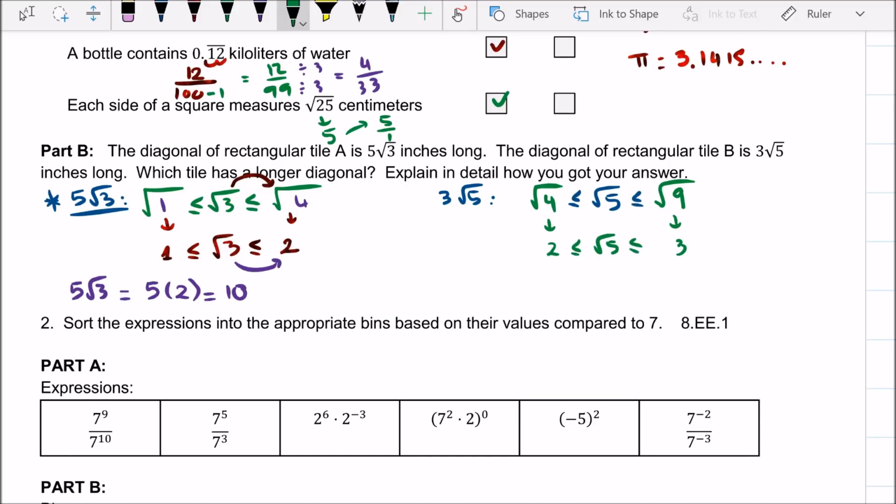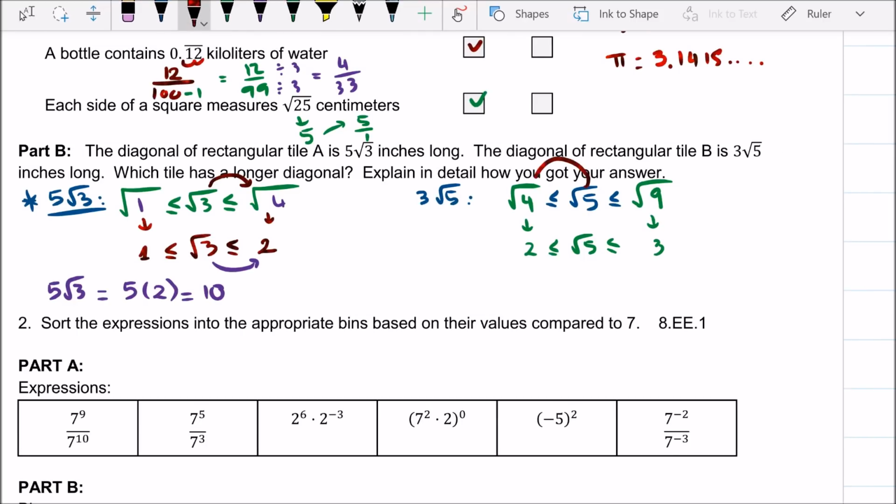So which one best represents square root of 5? Since square root of 5 is closer to 4 than 9, the estimate of square root of 5 is 2. So 3 square root of 5 can be rewritten as 3 times 2, which is 6.